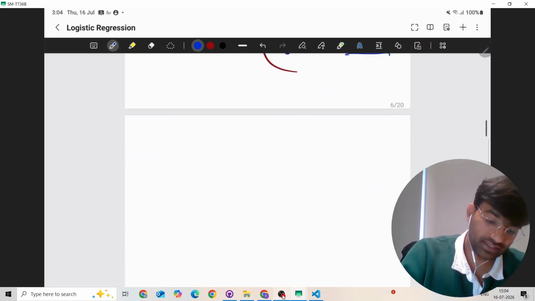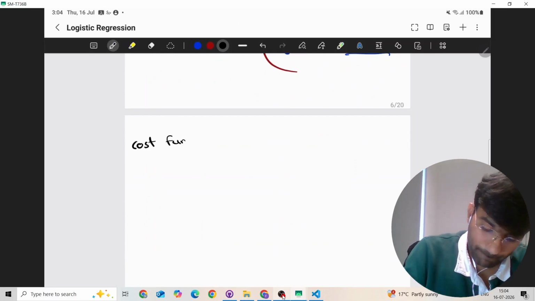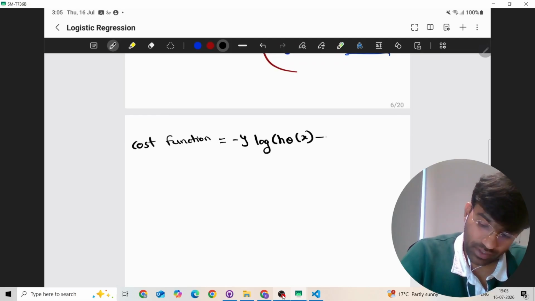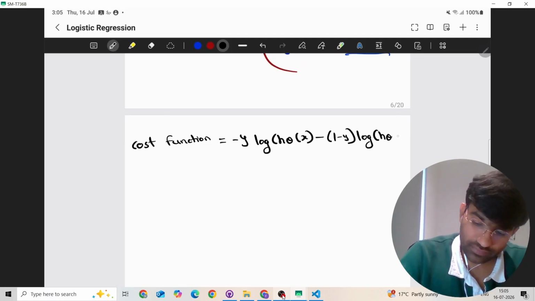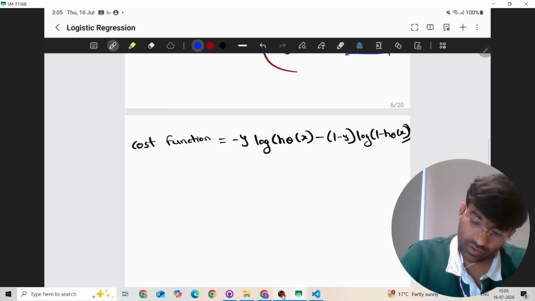So if we combine these and write it, our final cost function will be minus y log of h theta of x minus 1 minus y log of 1 minus h theta of x. I have added a term here, 1 minus y.